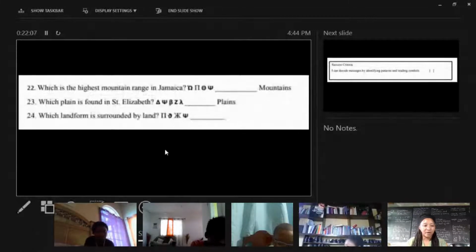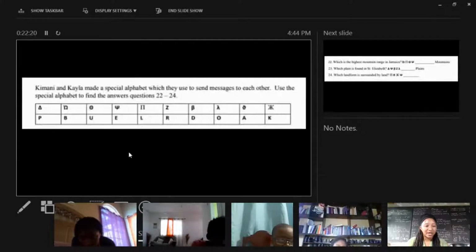And 24, which landform is surrounded by land. So we know it's going to start with this symbol and end with an E. Look carefully. I really should have put the symbols on the same page, but it starts with an L, then this symbol, then the K, and it ends with an E. And we do know the water body is surrounded by land.